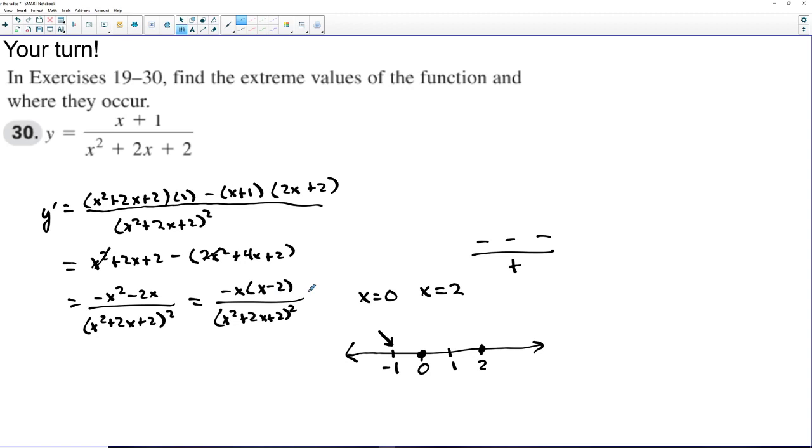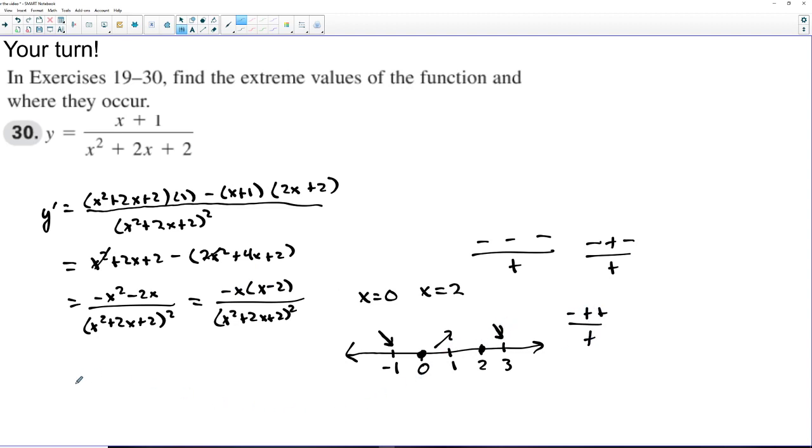If we test 1, we get negative, positive 1, and 1 minus 2 is negative over positive. So now we know 0 is a local minimum. Then 3. Let's plug 3 in. Negative, positive 3, and positive over positive. That's going to be negative.